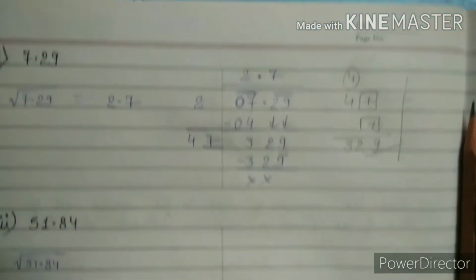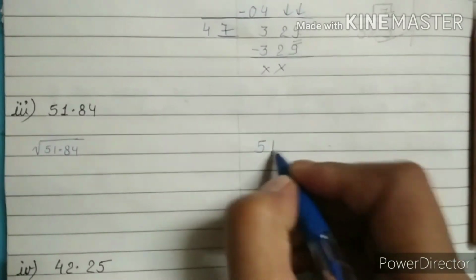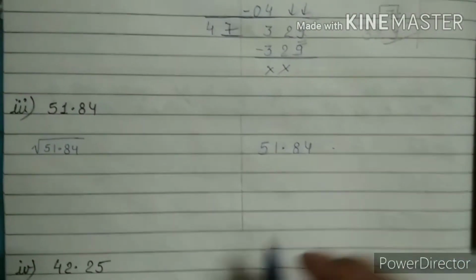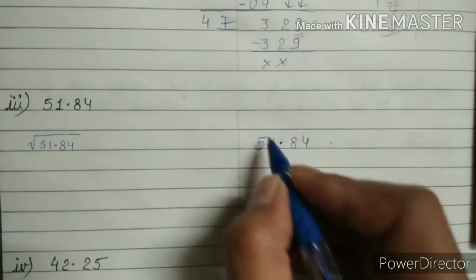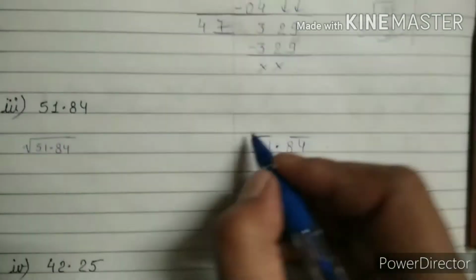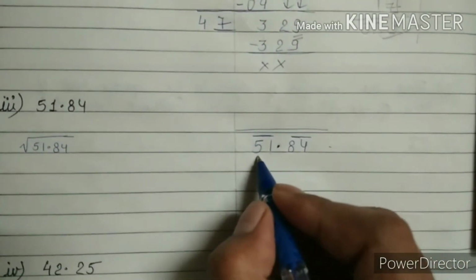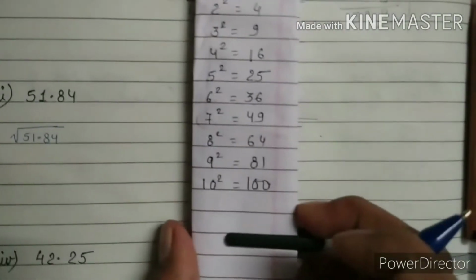Okay. Now the third is here. Third is 51.84. Now we have to do the pairing from the ones place. The ones place is 1, so this is the first pair. Now this is the second pair. Now we want a number whose square is less than or equal to 51.